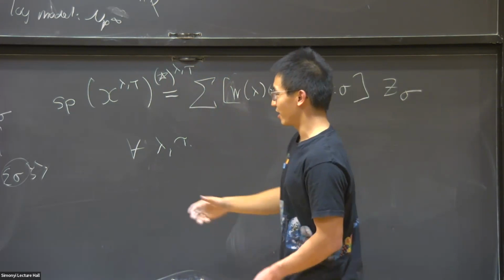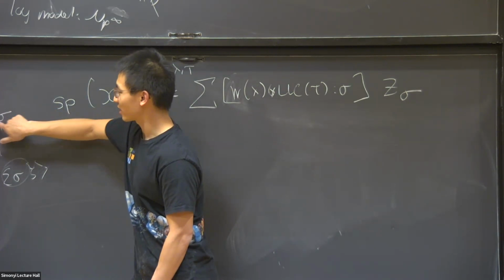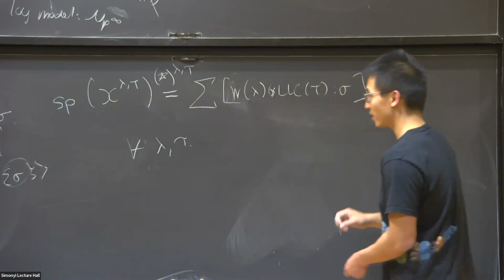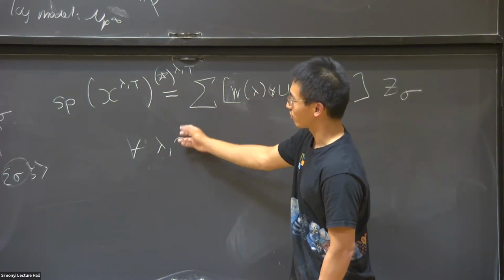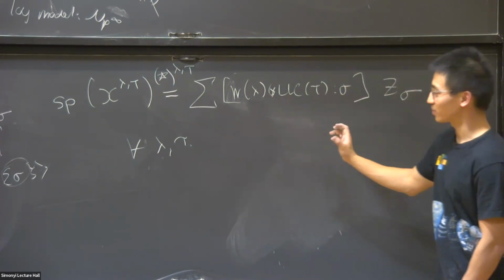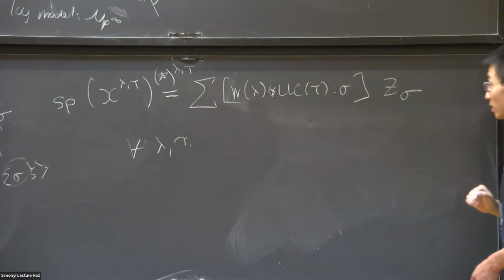What is it like? I have a finite number of possible degrees of freedom, a finite number of choices that I can specify for sigma, and then there's infinitely many lambdas and infinitely many taus, and I want this equation to hold for all of them. So it's this overdetermined system of equations, you might say. Okay. Any questions?